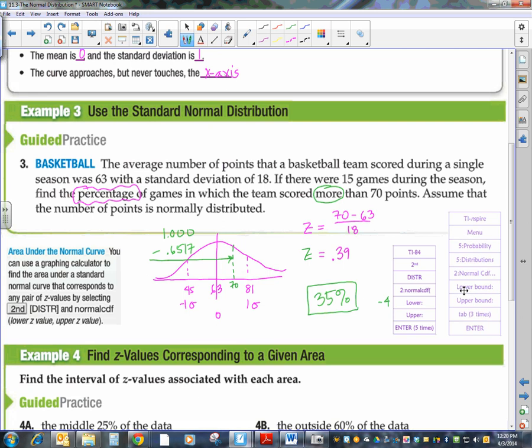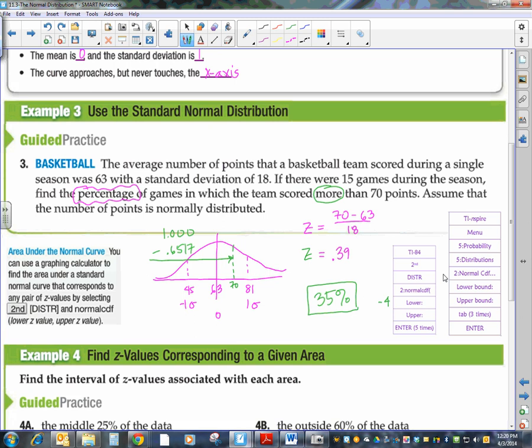All right, on the TI Inspire, you're going to hit menu, number 5 for probability, number 5 for distributions, number 2 for normal CDF. And when you hit that, the table is going to come up, and your lower bound again is going to be -4.